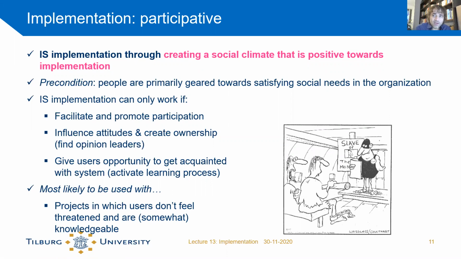So this kind of strategy will work in a project where people are somewhat knowledgeable, but this is needed when people are not really knowledgeable of the change and of the technology that's implemented. Because the first two strategies really require people to know what the change is about.